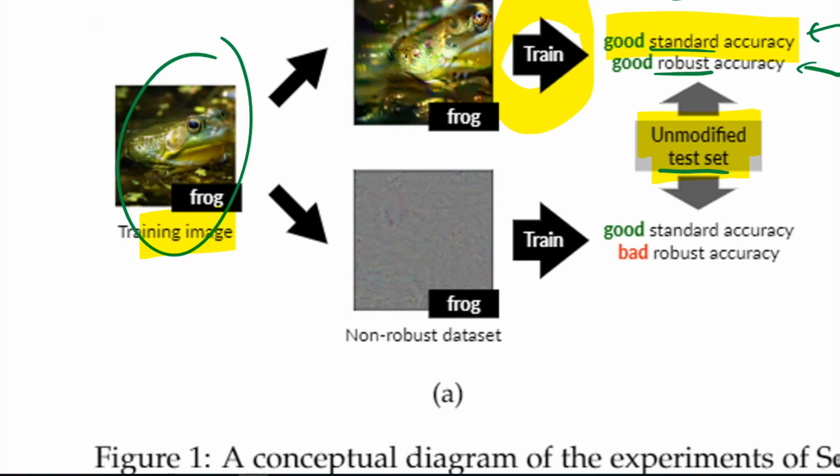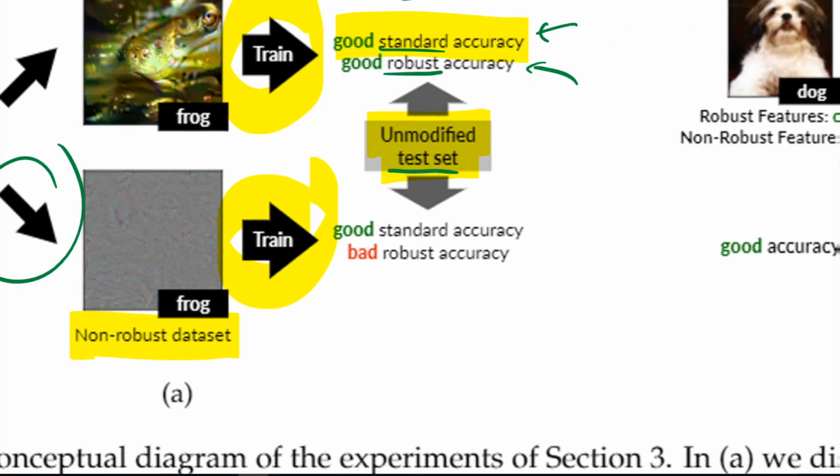The second thing they do is create a modified data set where they only have non-robust features. Right, the only thing they have is non-robust features. Again, they train a standard, regular neural network on that, and they also get good standard accuracy.